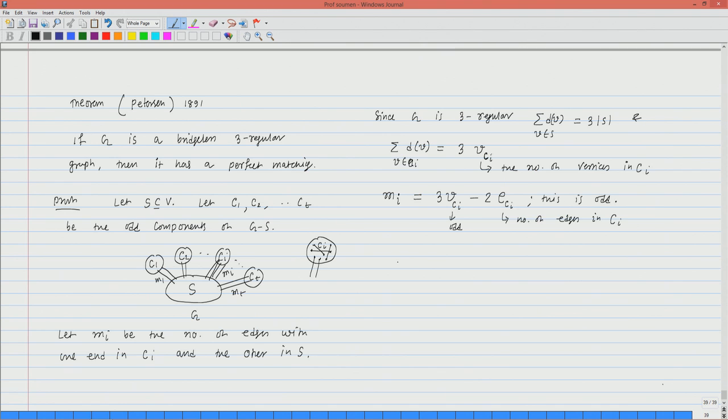Okay. Now, this Mi can't be equal to 1 because this is a bridgeless graph. If there is only one edge from Ci to S, then that is a bridge. So, Mi can't be equal to 1 as G is bridgeless.